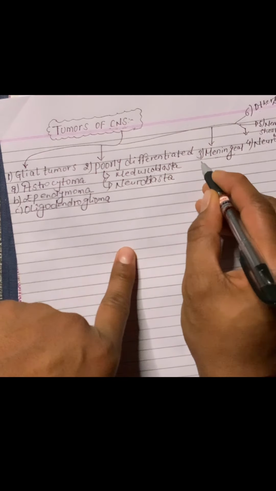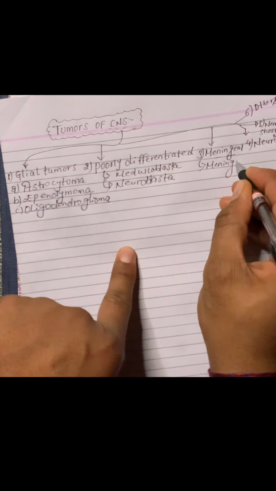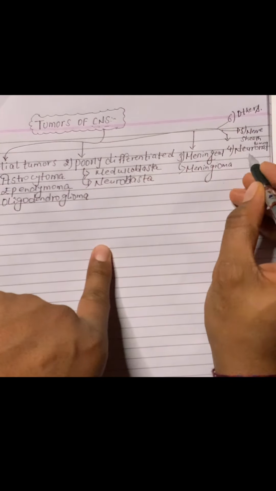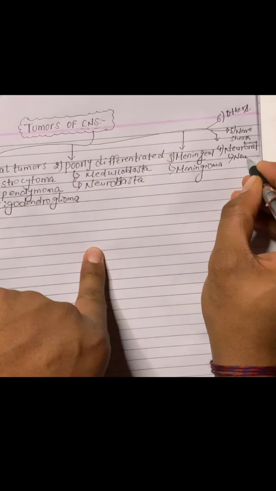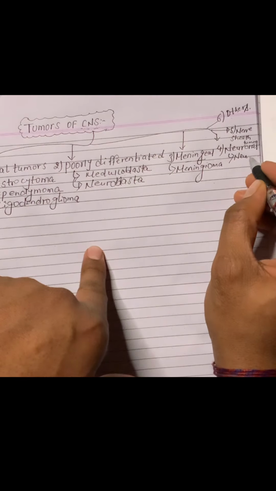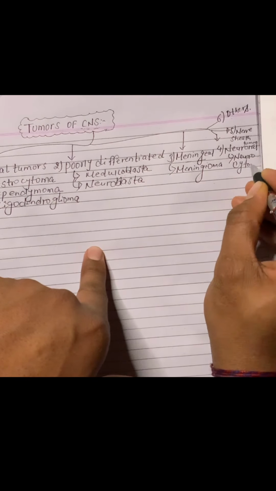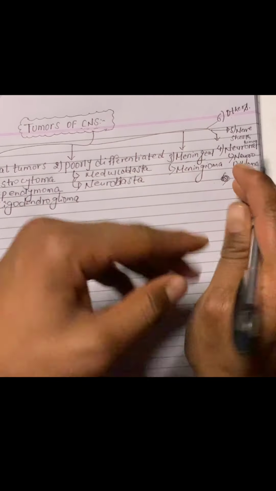In the meninges, if it is a tumor of the meninges, then it is going to be meningioma. In the neuronal tumors, we can write neurocytoma. Write only one here, because it will just be messy.